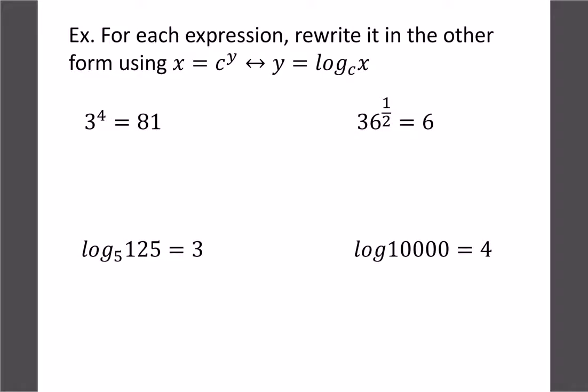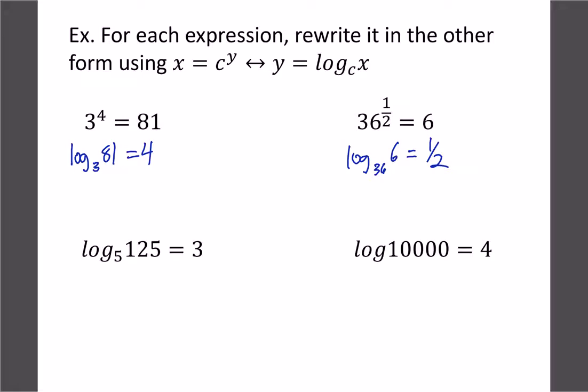Okay, so let's do a little bit of practicing. We're going to use this formula to trade back and forth. So 3 to the 4th equals 81. As a log, we'd write that as log base 3 of 81 equals 4. That means 3 to the power of what equals 81, which is 4, so that's good. This next one would be log base 36 of 6 equals a half.